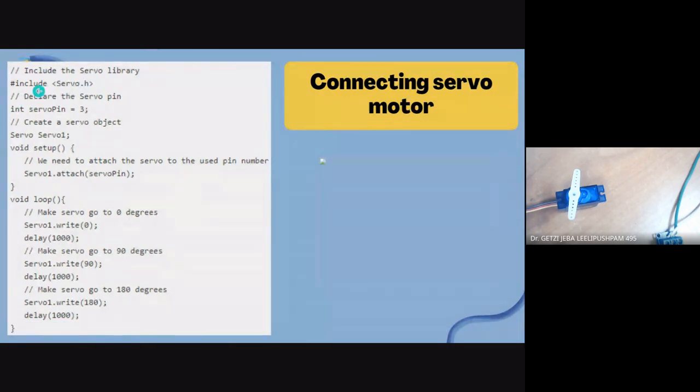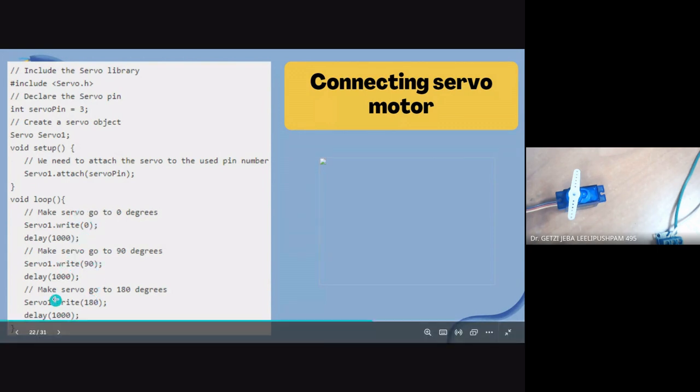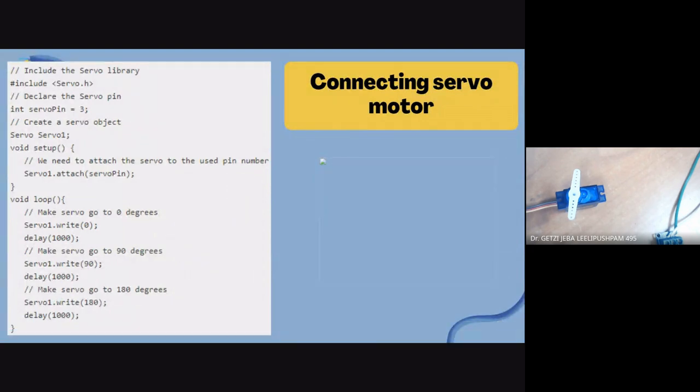So initially we include the library, and int servoPin equals 3, then Servo servo1, and servo1.attach to the servo pin. So now I have connected the servo motor to the third pin. Then what I'm going to do here is write 0, then 90 degrees, and then 180 degrees. Let me check if this program is working. You can just observe this motor here in this video.